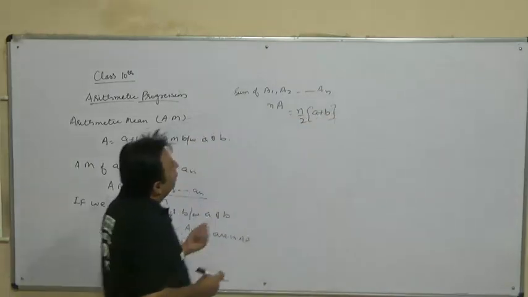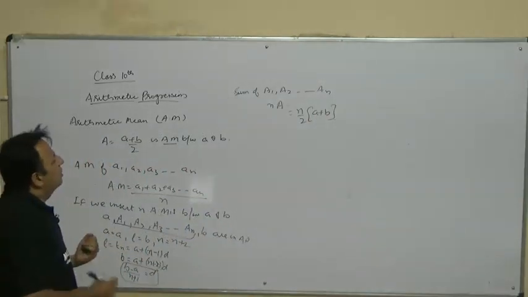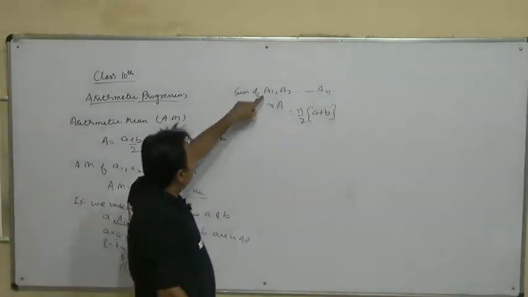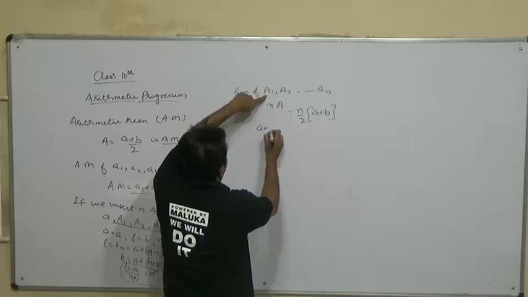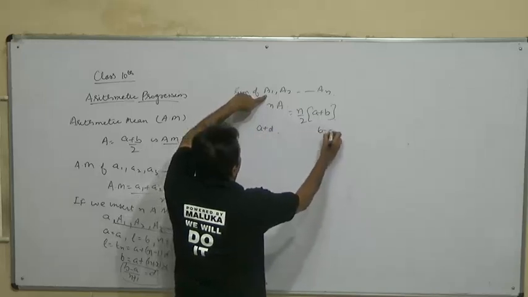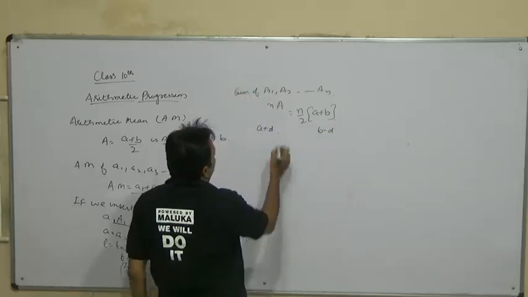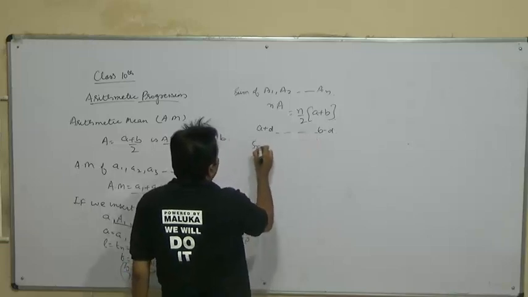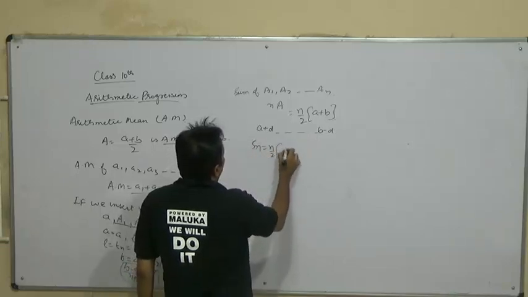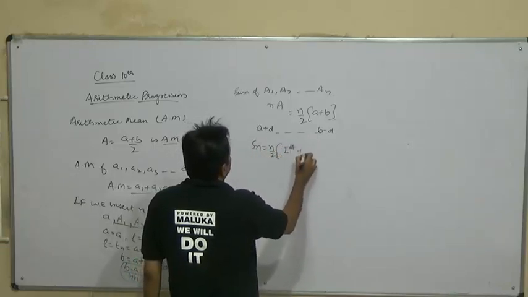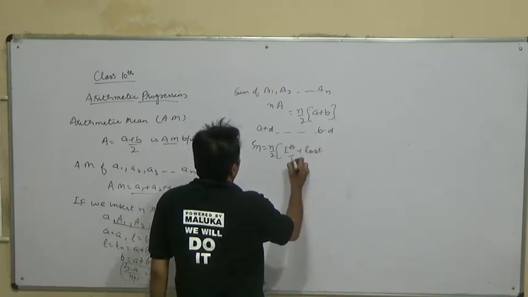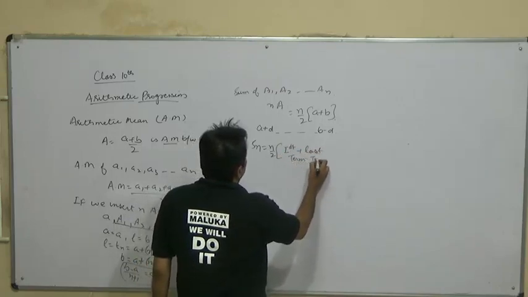Now if you want to find this, all these are in AP. First term is A plus D and last term is B minus D. These are n terms, so Sn is equal to n by 2 into (first term plus last term). यही हमारा फॉर्मूला होता है, यही हमने स्टडी किया था.